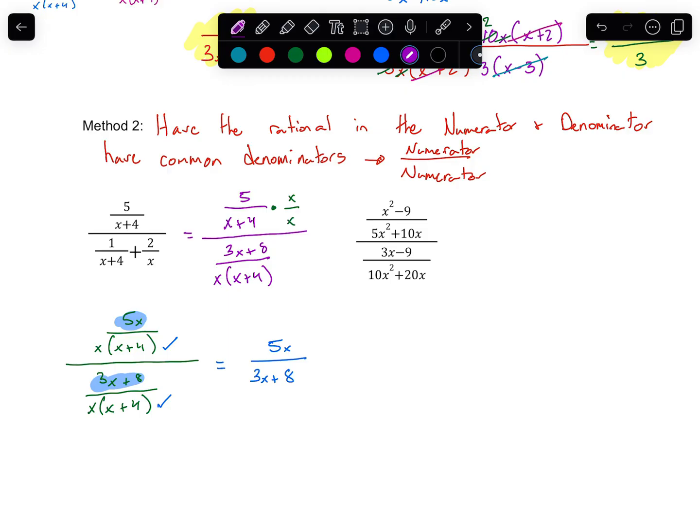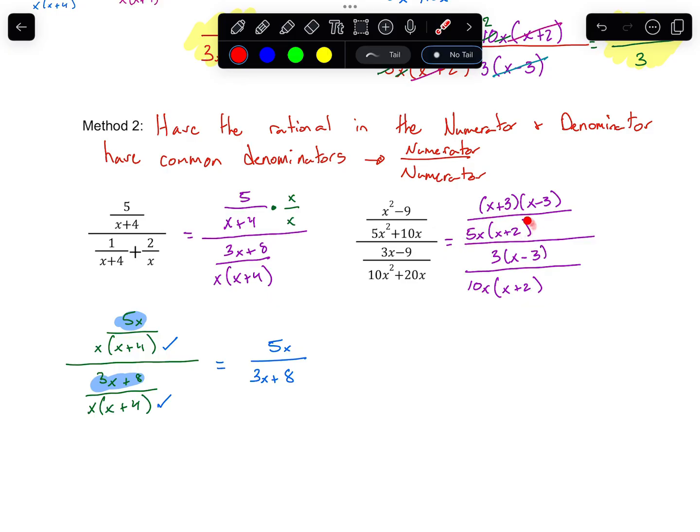So my first step I'm going to do is go ahead and factor what I can for both of these rationals. So I'm going to have x plus 3 times x minus 3 all over 5x times x plus 2, and then 3 times x minus 3 all over 10x times x plus 2.